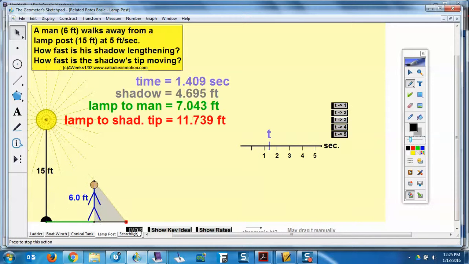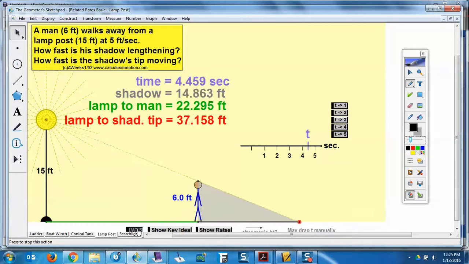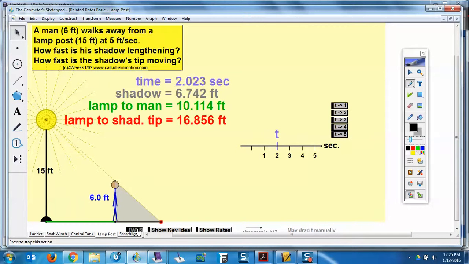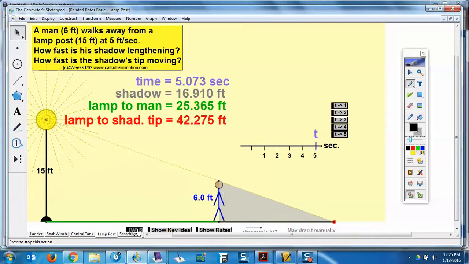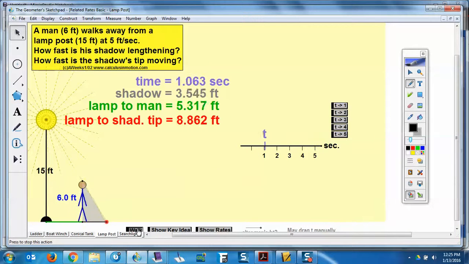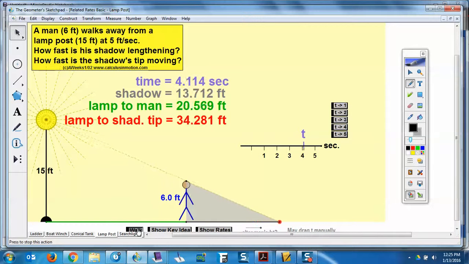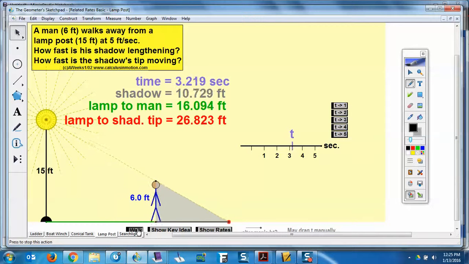And then what would be the green segment, X prime? What would that represent? X would be how far. What would the rate of change of the green be, X prime? How fast he's walking in relation to the lamppost, right? So that would be his speed.